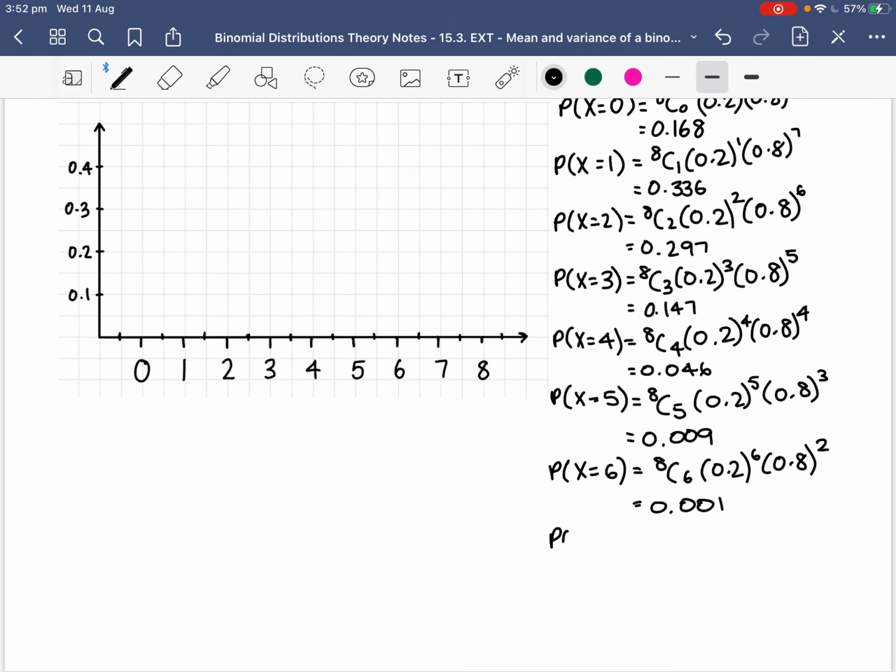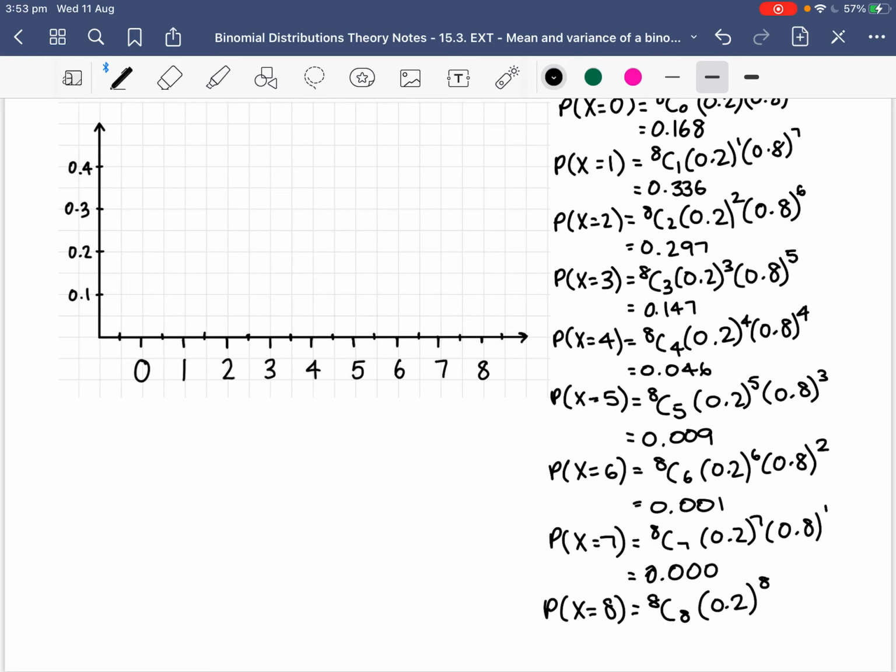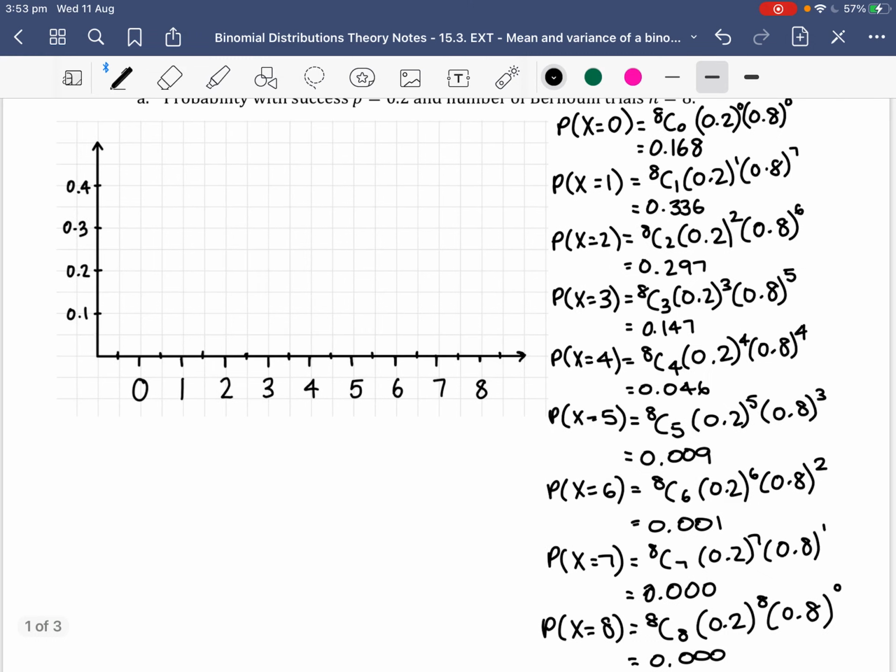Then the probability that X equals 7 equals 8 choose 7, 0.2 to the power of 7, 0.8 to the power of 1, which to 3 decimal places is 0.000, and the probability that X equals 8 is 8 choose 8, 0.2 to the power of 8, 0.8 to the power of 0, which equals 0.000 to 3 decimal places.